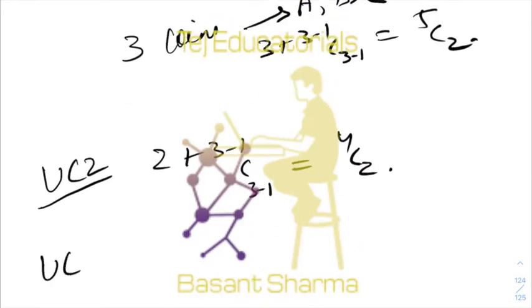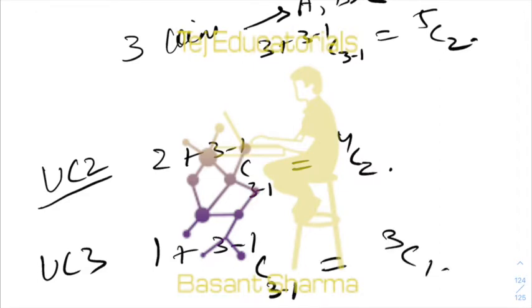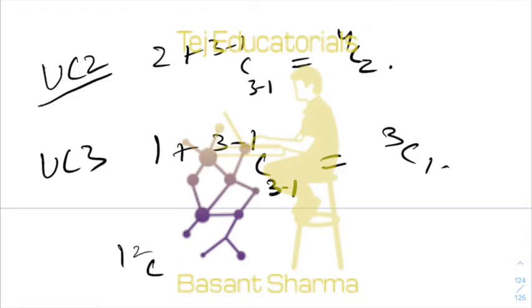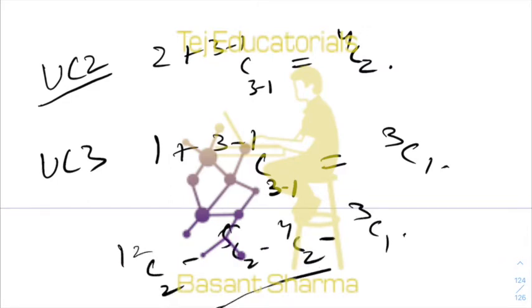Similarly, unfavorable case 3 is when C violates the condition. So that means C gets more than or equal to 9 coins. Give 9 coins to C. The remaining 1 coin can be distributed amongst 3 persons in 3C1 ways. So your answer will be 12C2 minus 5C2 minus 4C2 minus 3C1, which is the same as what you got above.